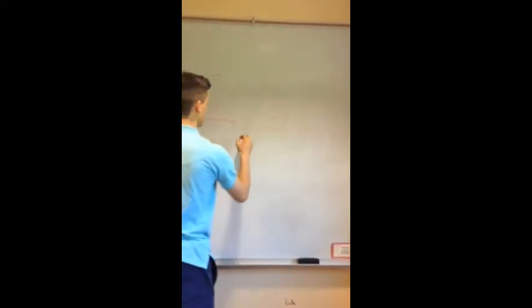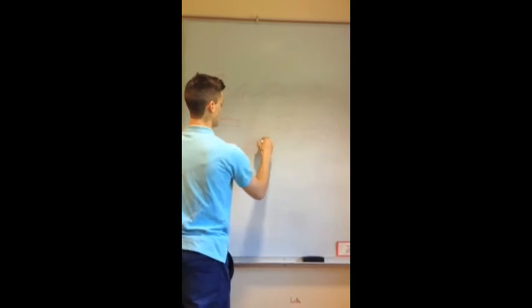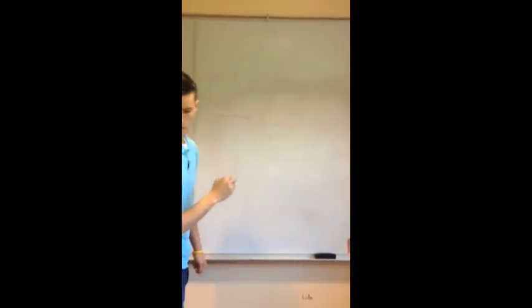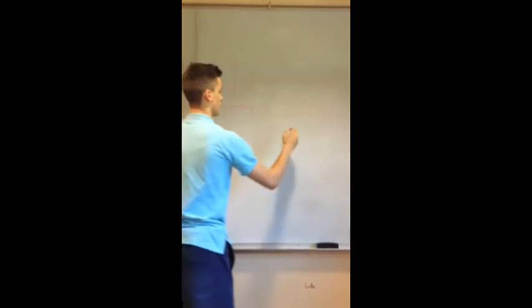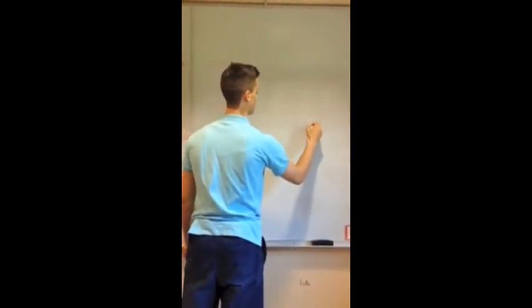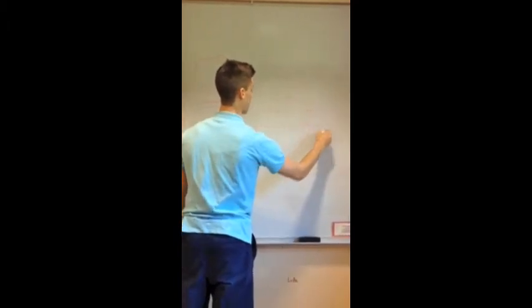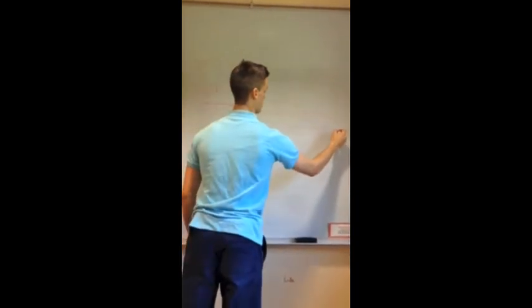So now let's simplify. So this would be 160 minus 32x minus 20x plus 4x squared. And then we could also distribute this x.